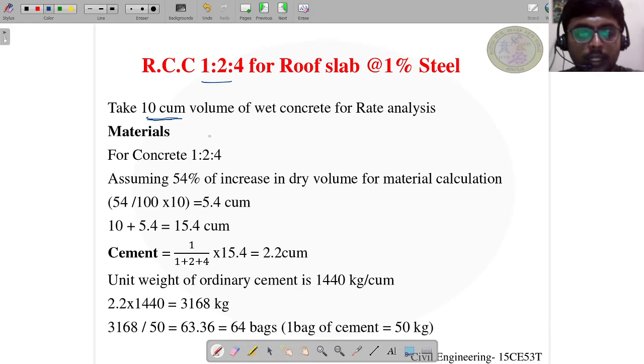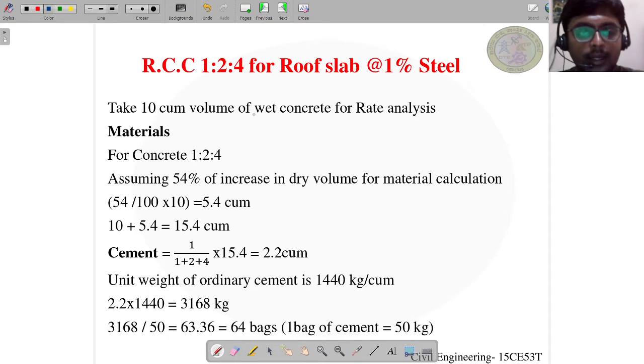Because based on experience and experiments, we know what is the quantity of labors required to carry out this volume of work, that is 10 cubic meter of concrete work. If you want to carry it out, how many labors are required, we know that based on experience and experiments. So that is why we take known quantities to calculate the unit cost of any work.